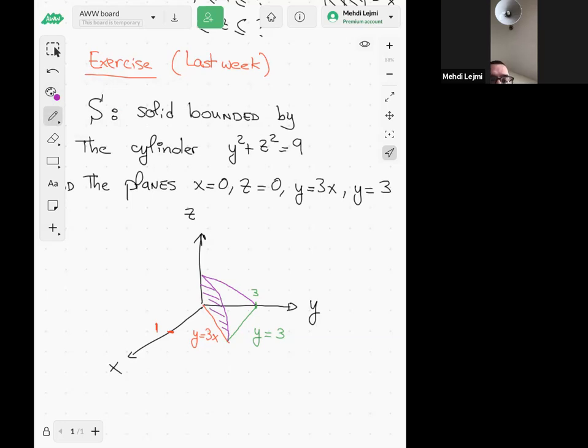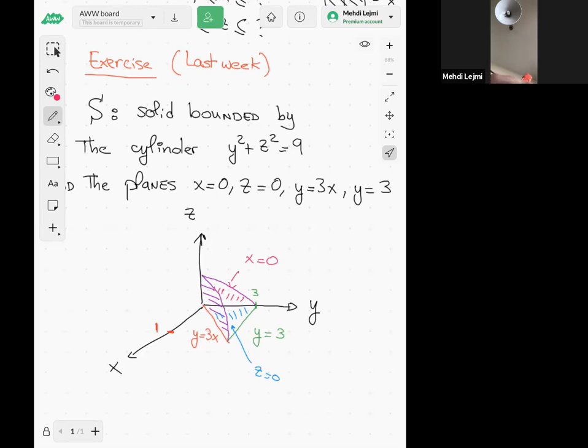So what I was saying, guys, is that in the bottom, this is the xy plane, z equals 0, and in the back of the solid, that will be the yz plane, where x is equal to 0. Well, the graph is not really good, but anyway.